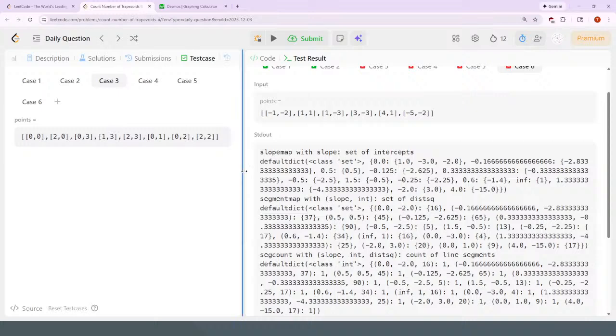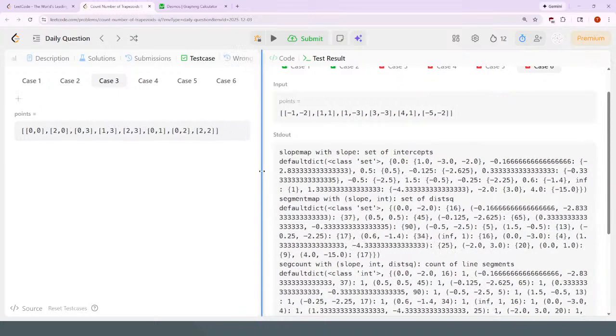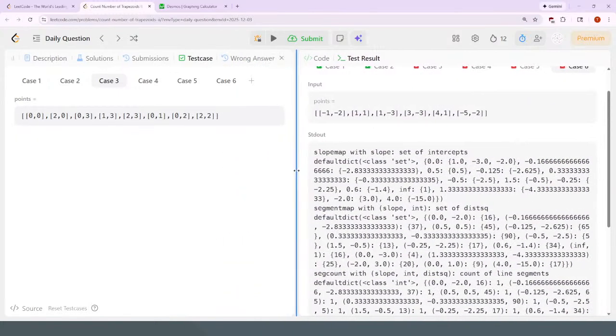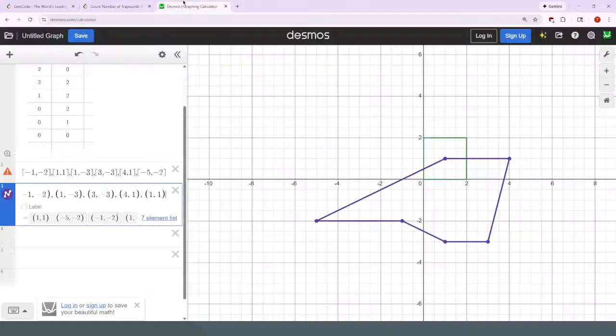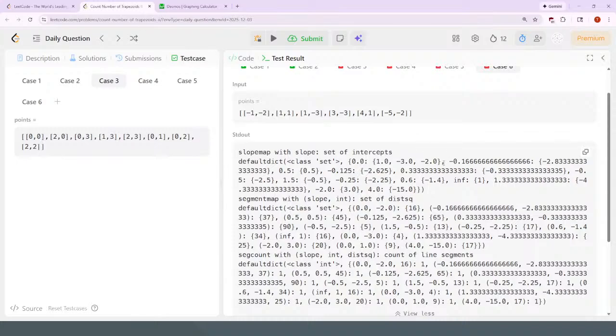Alright, so do this here. So slope is 0, intercepts are going to be 1, -3, -2. Yeah, so positive 1, -3, -2. Slope of -1/6 is going to be -2.3. Slope of 1/2 is positive 1/2.